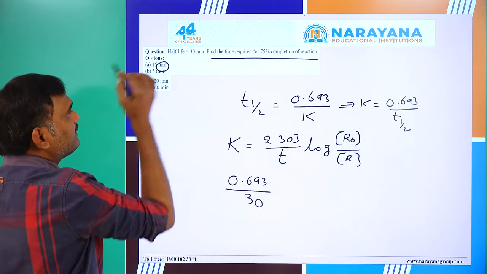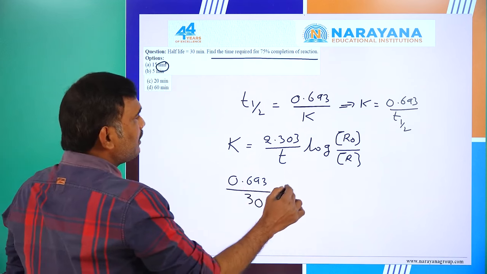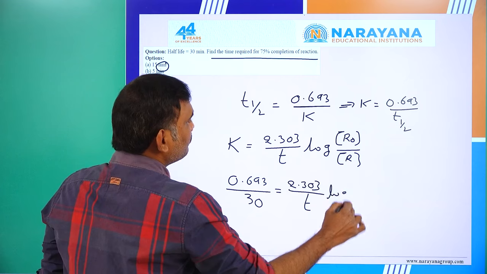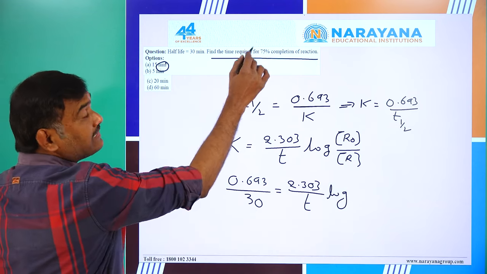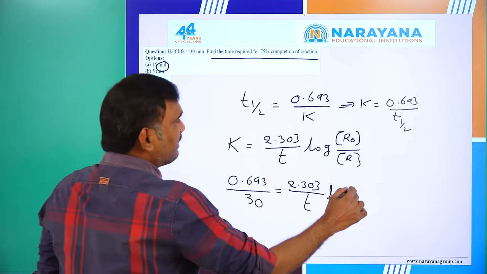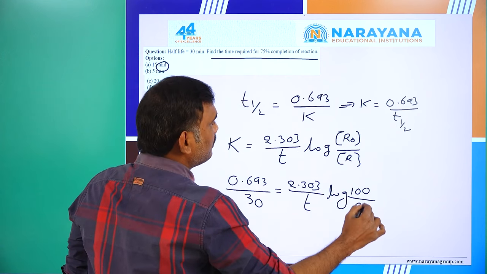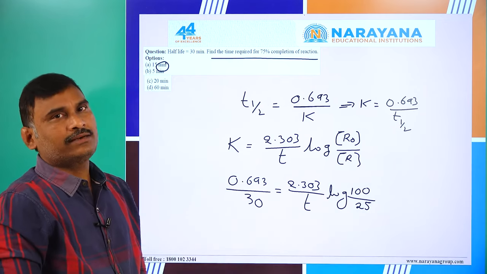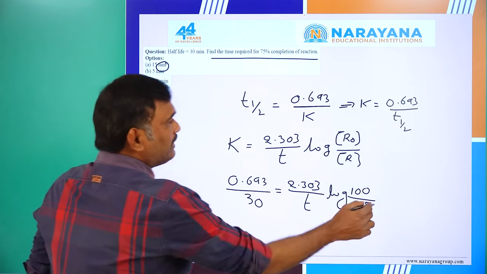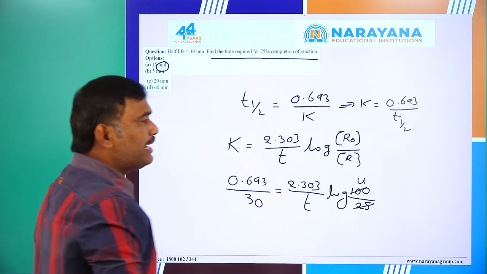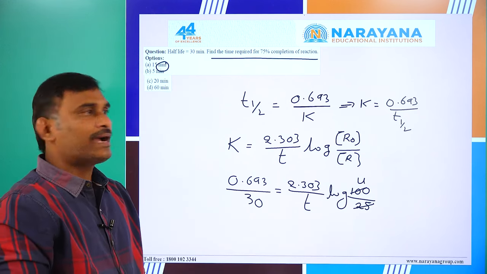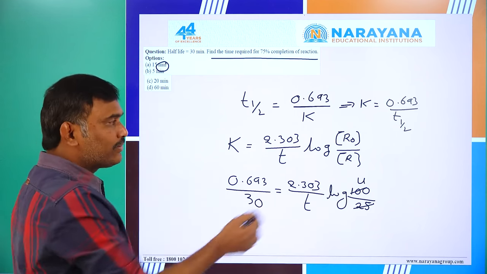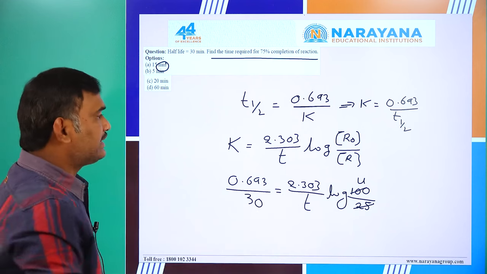You want the answer also in minutes. For 75% completion, the amount of reactant remaining is 25, so it is 100 by 25, that is 4, so log 4. Log 4 is nothing but 2 log 2. So 2.303 into 2 log 2, then t is equal to 60 minutes.